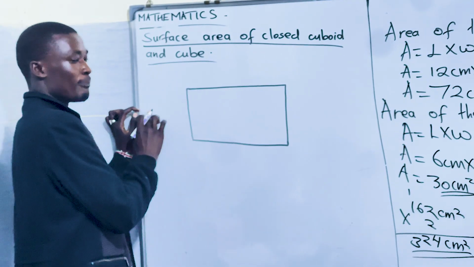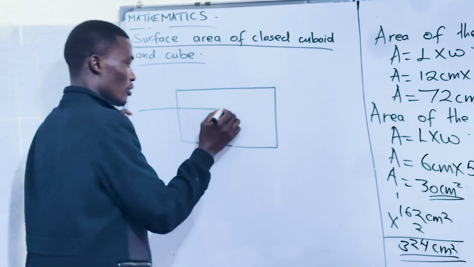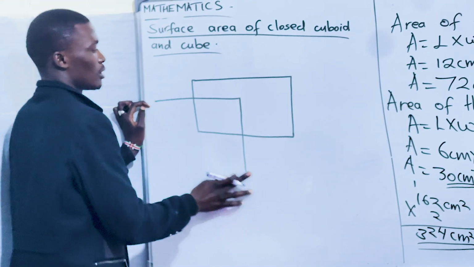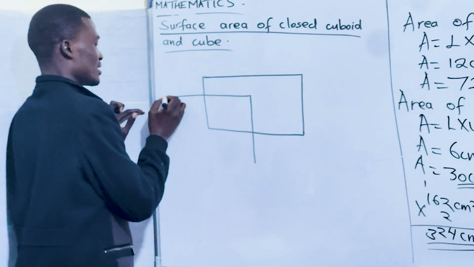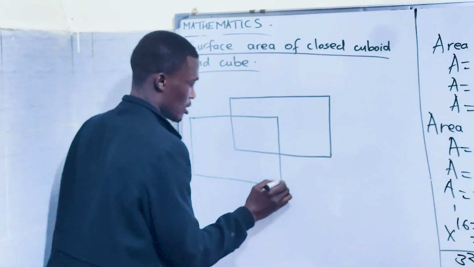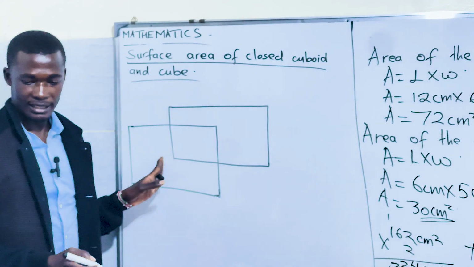So it will take a portion of the one that you just drew in the beginning. So you're going to draw it this way, then down, and make sure that the sides are almost equal. Let us have a good figure like that.